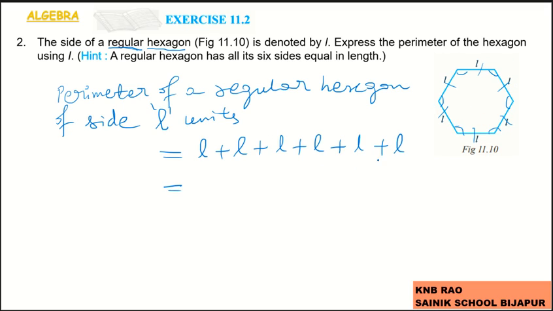So L added to itself 6 times gives 6 times L units of length. If it is in centimeters, we say 6L centimeters.